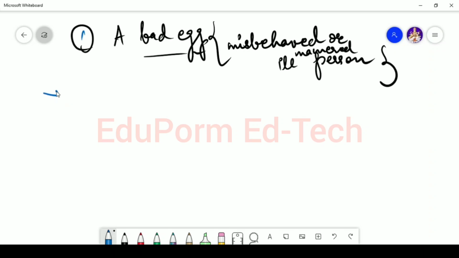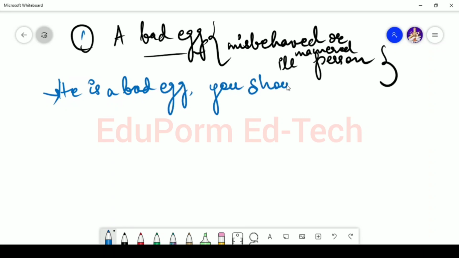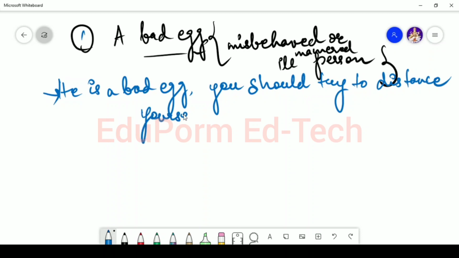like let's use it in a sentence. If I am saying that he is a bad egg, you should try to distance yourself. You should try to distance yourself from partying with him.